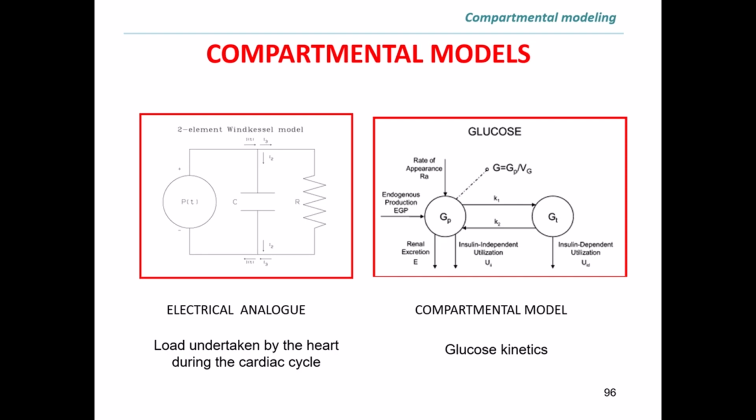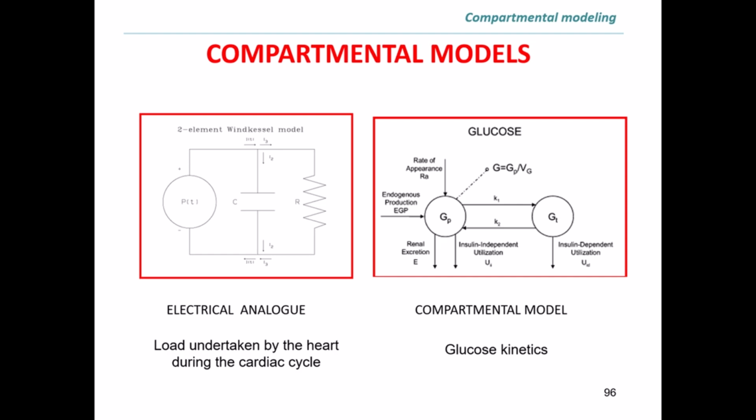The qualitative model that we consider is dependent on the purpose. Thus, when we want to represent the load undertaken by the heart during the cardiac cycle, possibly the electrical analog is the best qualitative model that we can choose.